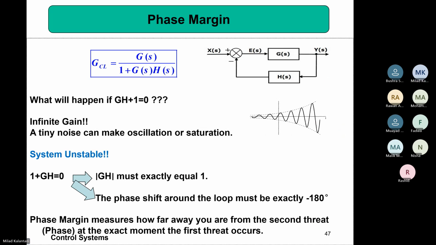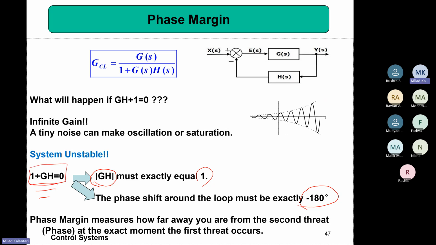So in fact, what we want is, if this situation happens, the system will be unstable. This situation happens once the magnitude is 1 and the phase is exactly 180 degrees, right?